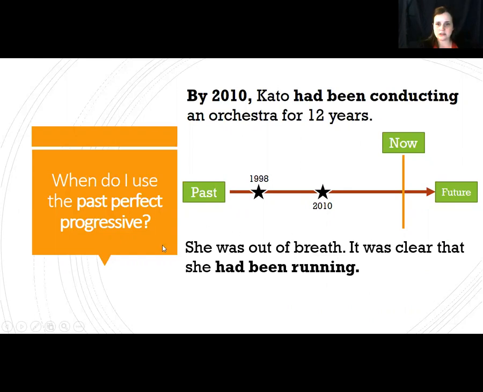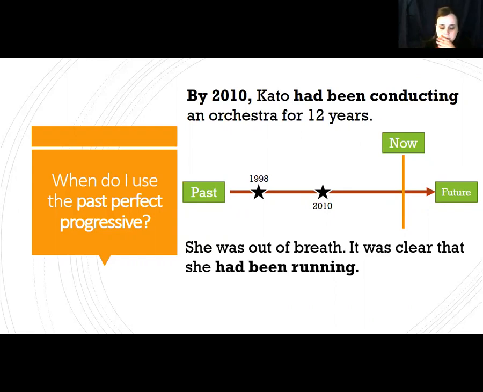In this case, the person was out of breath, which means it's hard for her to breathe because she had been running. At this point in time, she is not running anymore, but we can tell that she had been running. So that's an example of when you can use the past perfect progressive for a finished action.